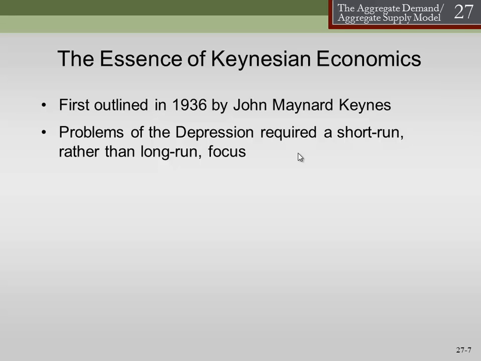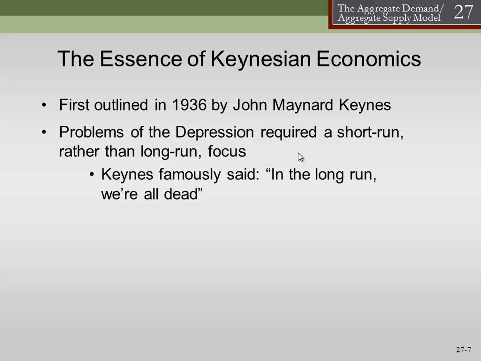So Keynes, for the first time, starts to think, wait a minute, we've got a business cycle, and we need to pay attention to that business cycle. We can make policy changes to help make the recessions less costly and the expansions longer and less explosive. Keynes has a famous statement about long run versus short run: in the long run, we'll all be dead.